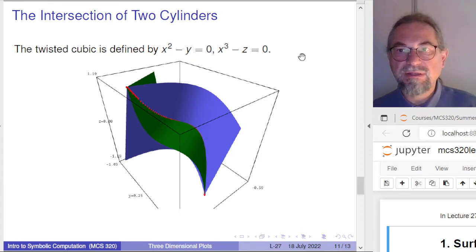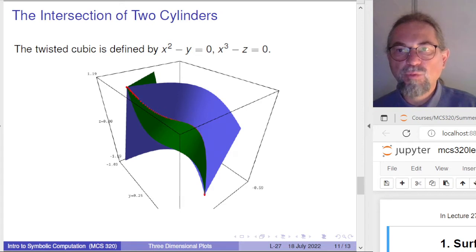What you can see here drawn in blue is the parabolic cylinder, y equals x squared. In the plane, this is a very simple parabola, but here the z can be anything. So you consider all lines over y equals x squared. That's the blue cylinder.